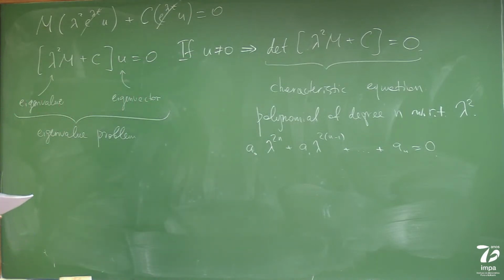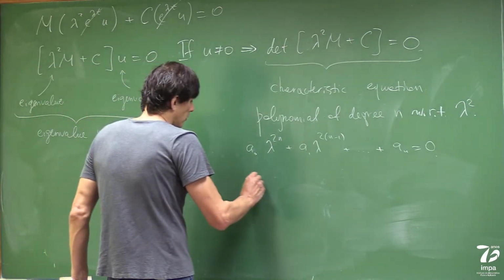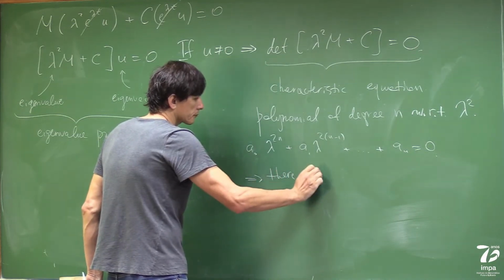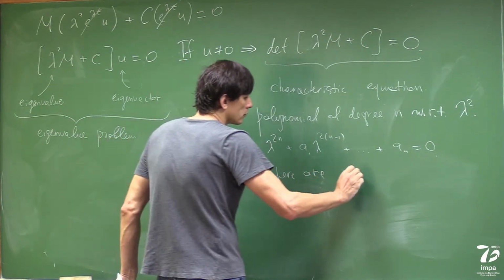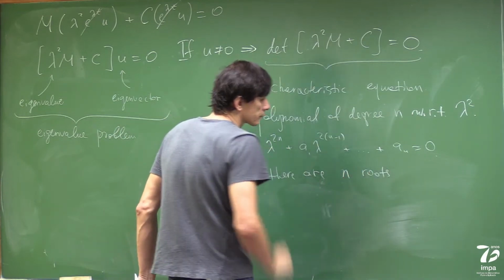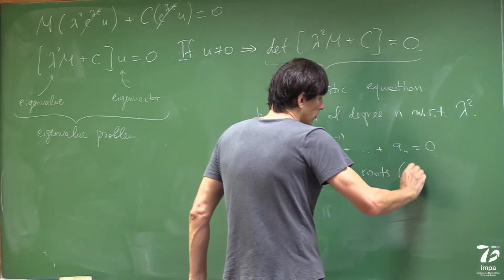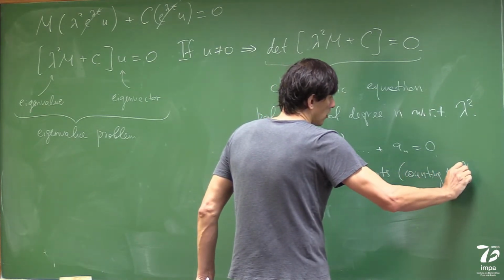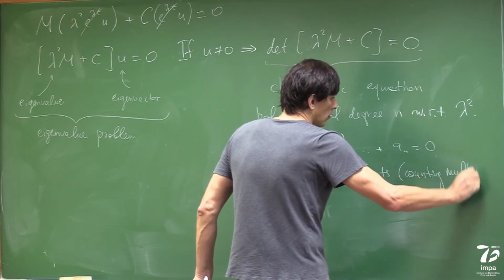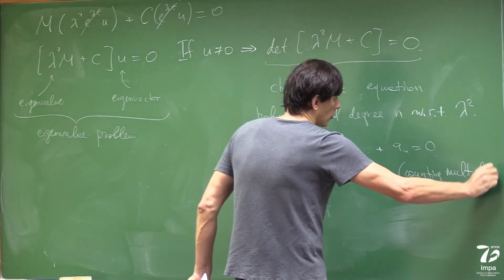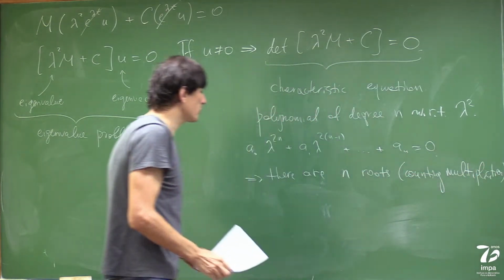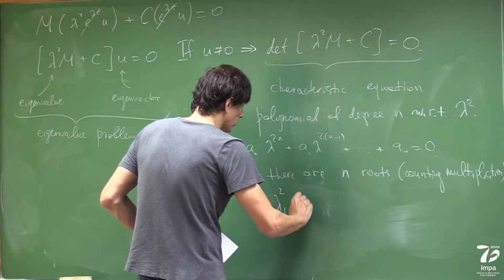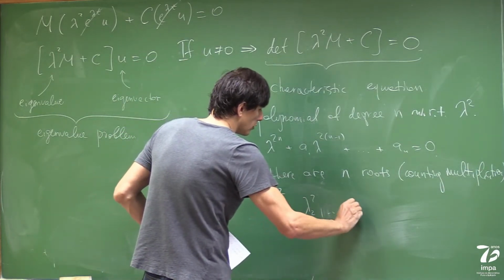And from algebra, you know that it means that there are n roots counting multiplicity. So in principle, there are n roots lambda squared: lambda 1 squared, lambda 2 squared, lambda n squared.